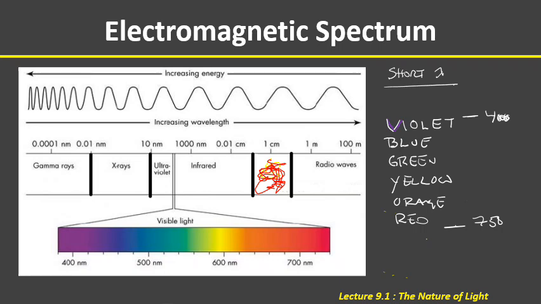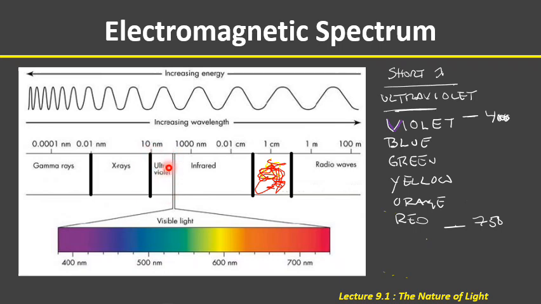Just before the violet end, the stuff that's just on the edge of that is ultraviolet, and that name just means beyond the violet. So that's a way that you can always remember that UV radiation is right here.